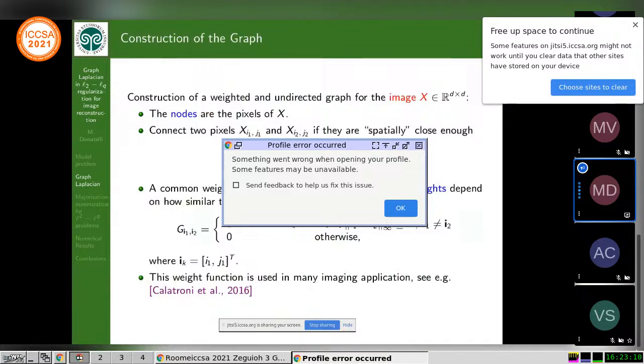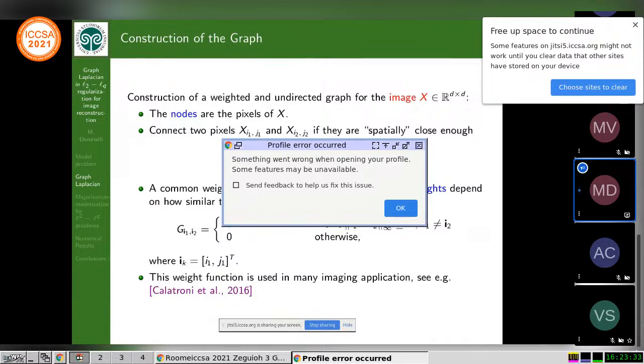So how do we associate a graph to the image? If we have the image X, the nodes of the graph are the pixels of the image, so the number of nodes, of course, is the number of pixels.